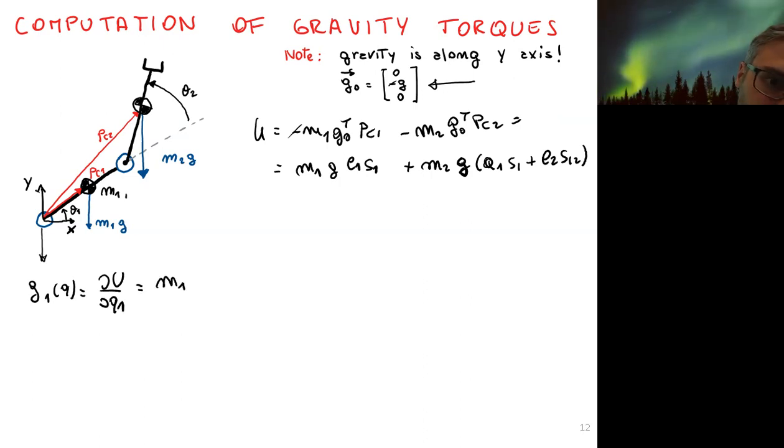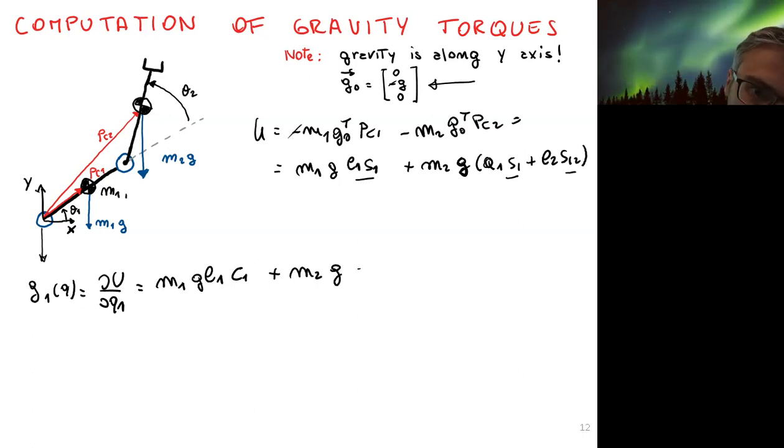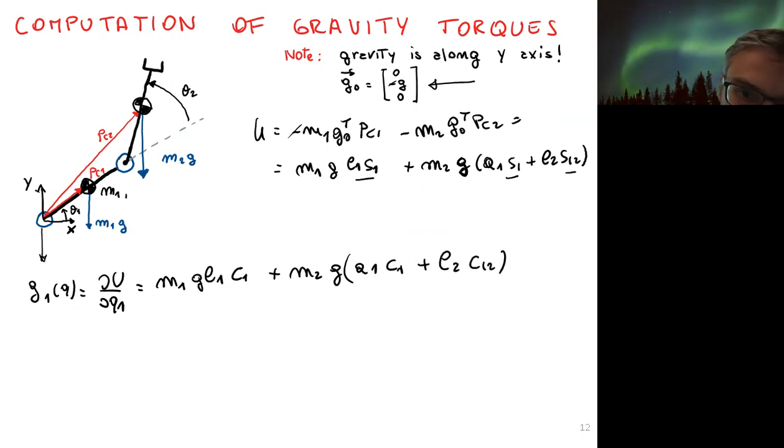The first is M1 G L1 C1, plus, because the dependency on Q1 is both here and here, M2 G times A1 C1 plus L2 C12.